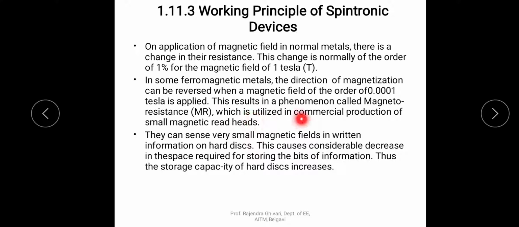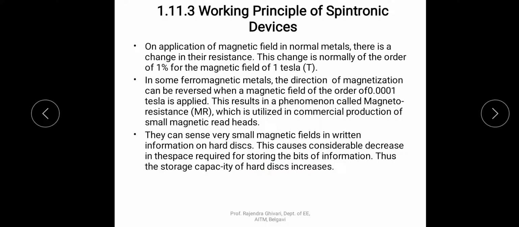This results in a phenomenon called magnetoresistance, which is utilized in the commercial production of small magnetic read heads. They can sense very small magnetic fields in the written information on the hard disk. This causes a considerable decrease in the space required for storing a bit of information. Thus, the storage capacity of the hard disk increases.